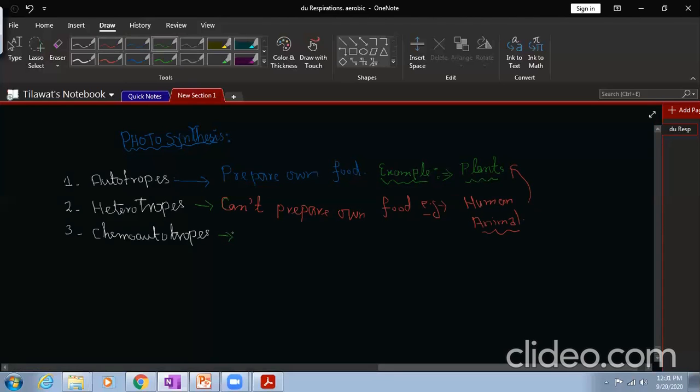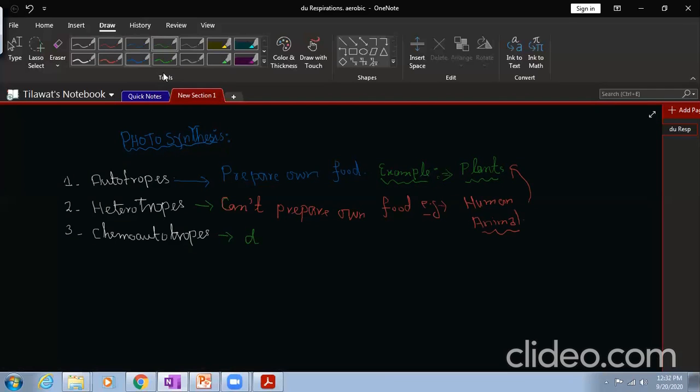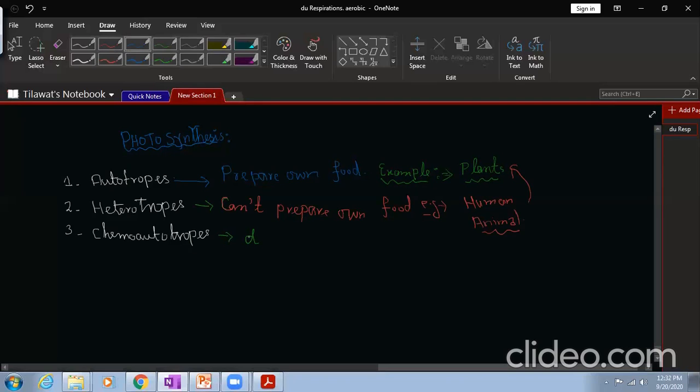In this category, those organisms are involved that take their nutrients from chemicals, right? Okay. They don't depend on light, not like plants or photosynthetic bacteria or algae. They don't depend on sunlight.